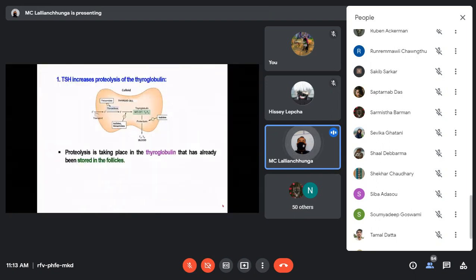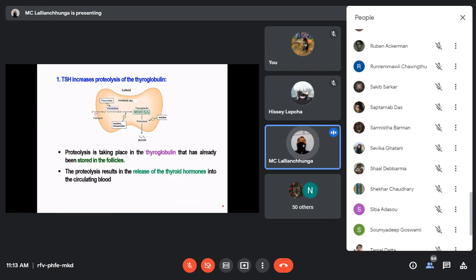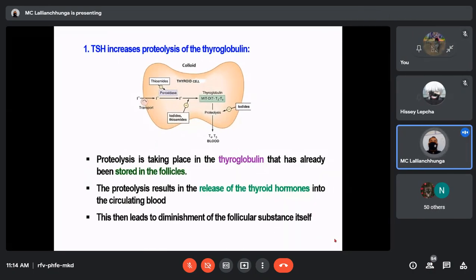This proteolysis is taking place, as you can see from the diagram, in the thyroglobulin that has already been stored in the follicles. The proteolysis results in the release of the thyroid hormones, T3 and T4, into the circulating blood.